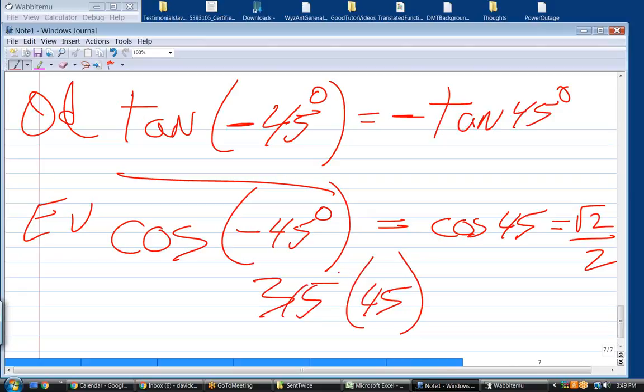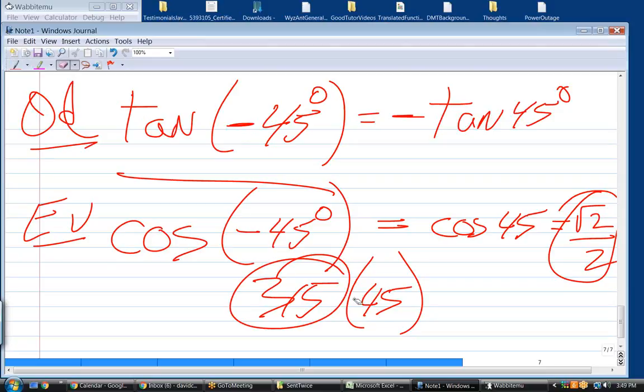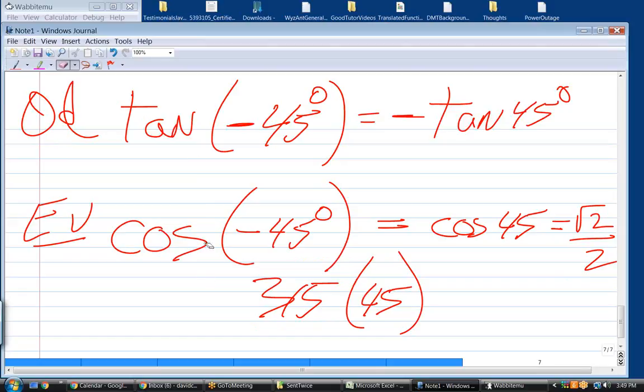We're in the 4th quadrant, so we get positive. It's quicker to use the odd and even property to figure out these negative angles. There are two ways to do them: using the reference angle, and using the odd or even property. The odd or even property saves one full step, always.